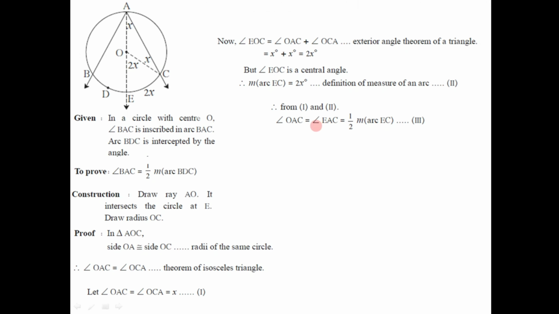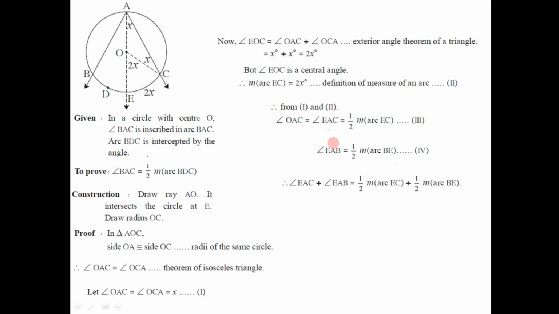That means the measure of angle EAC is equal to half of the measure of arc EC. This is equation number 3. In the same way we can prove this for angle EAB. That means the measure of angle EAB must also be equal to half of the measure of arc BE. That is equation number 4.